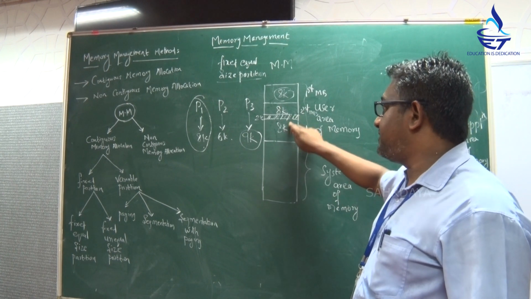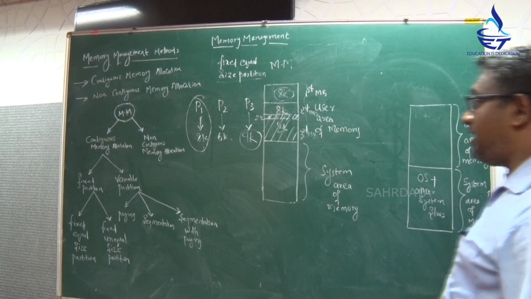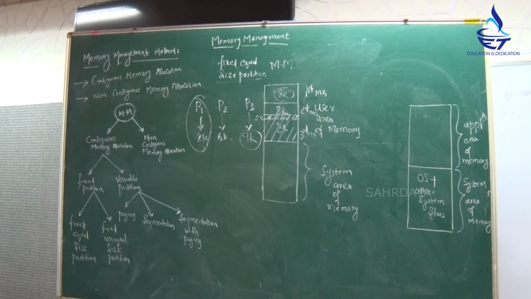This entire memory is known as external fragmentation. So these are the two disadvantages of fixed equal size partition. Next is the fixed unequal size partition that we will discuss now.